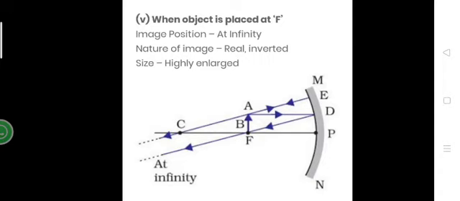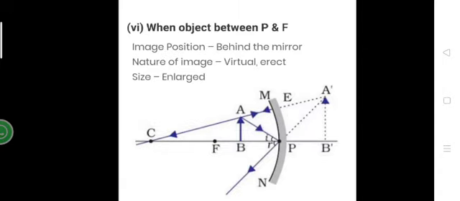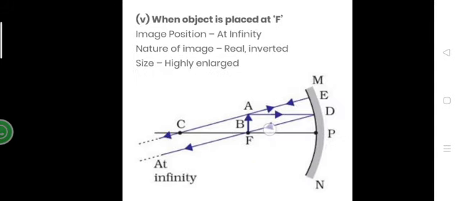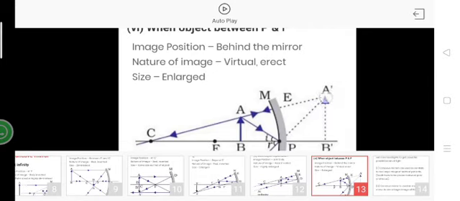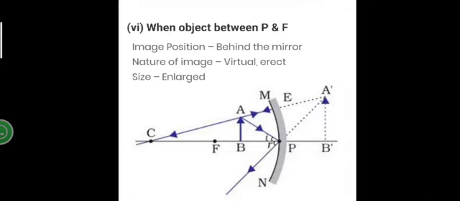The next case is when the object is between P and F. That is a very important case, and it is different for the concave mirror. In this case, the object is placed between P and F. Here different rays are used. The first ray is parallel, and after reflection it appears to pass through the focus. If we draw the dotted line, they meet at point A dash.